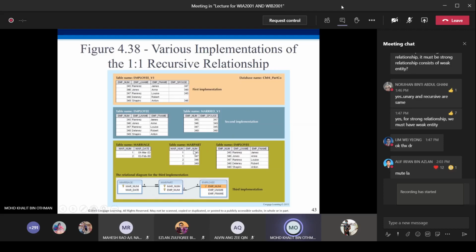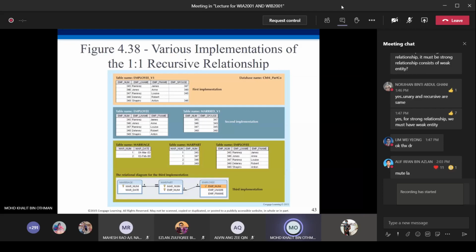So from a flat file database or single table, we have several problems, and then we convert the single table into two tables. Also, we have a sub-problem, which is redundancy of data.